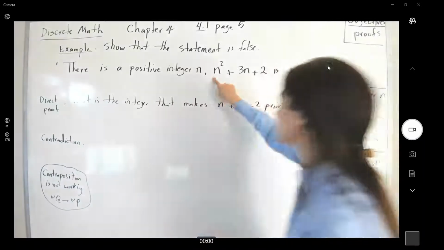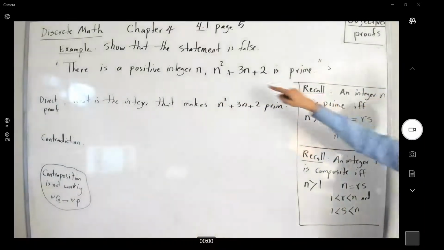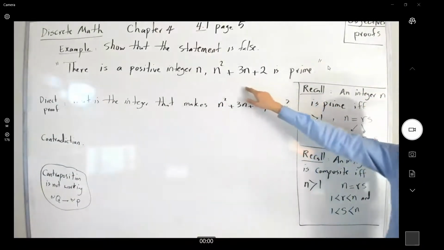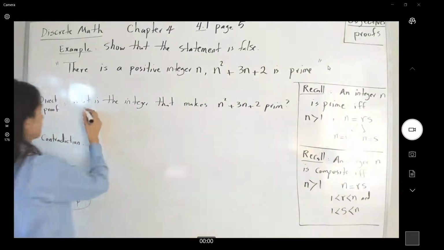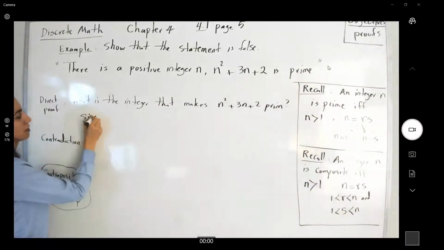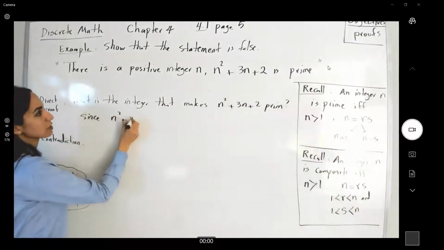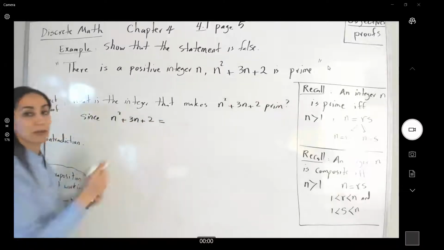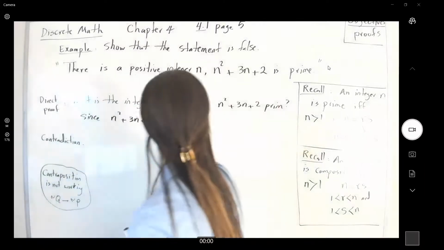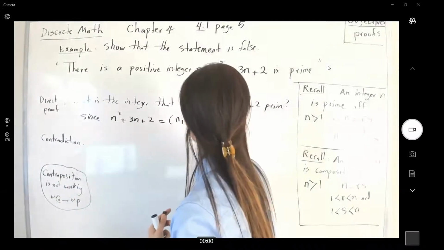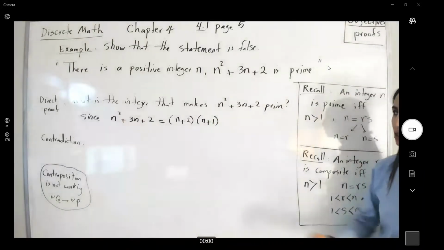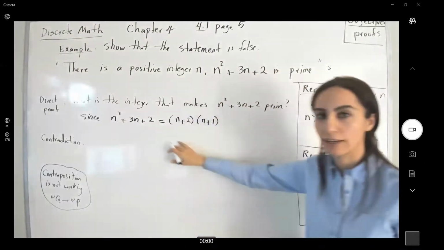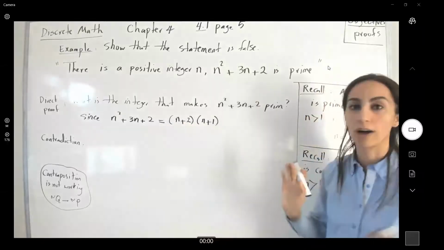Our approach is we have an expression n squared plus 3n plus 2. Since n squared plus 3n plus 2 can be factored into n plus 2 times n plus 1, this is a factorization of an expression into two other factors.